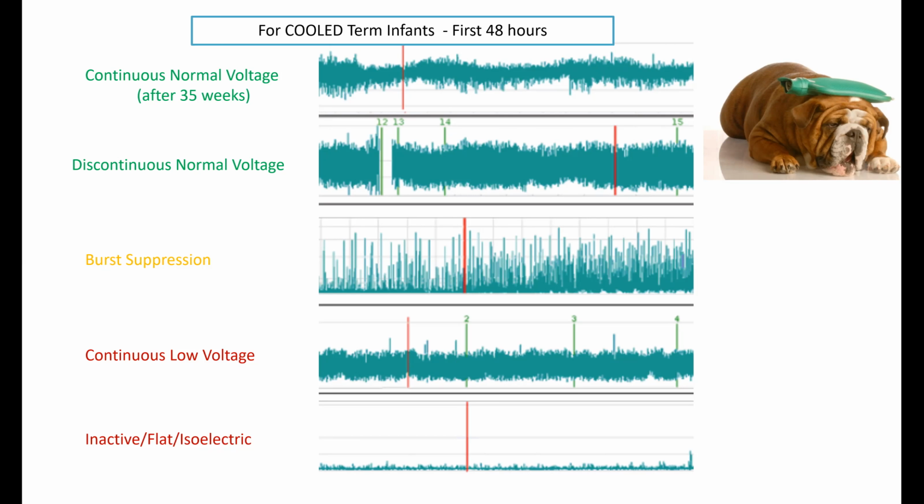Let's say you have a kiddo who's seizing, and you give just that loading dose. Typically, if the brain is otherwise healthy, a healthier brain who is seizing, if the baby was in a normal pattern, you will see them go into a discontinuous pattern for about an hour after that first loading dose.